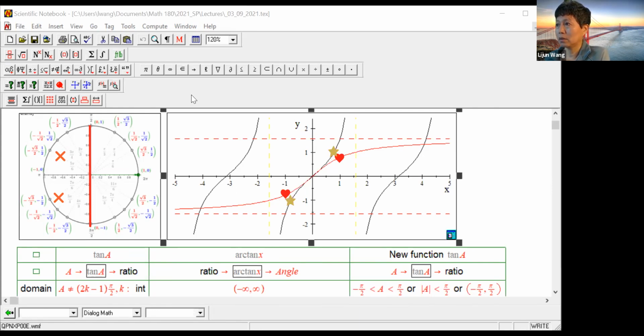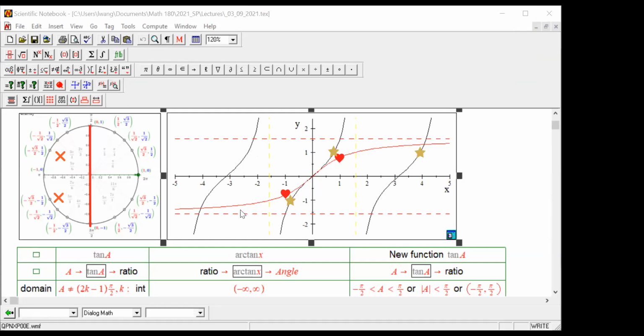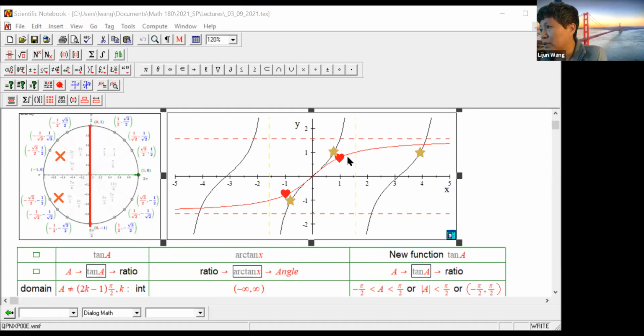So you want the heart function, the coordinates for the heart. I want the hearts identified, but you can see the heart is on the tangent curve.